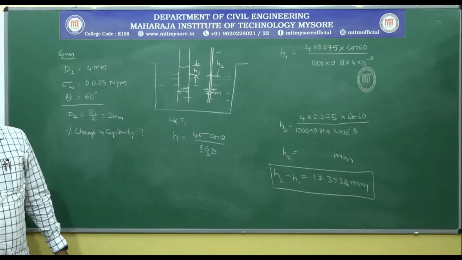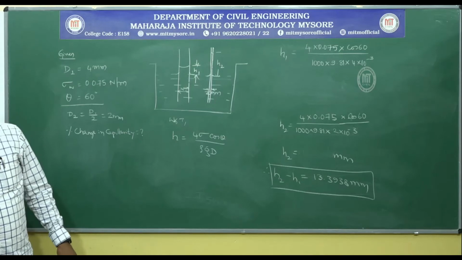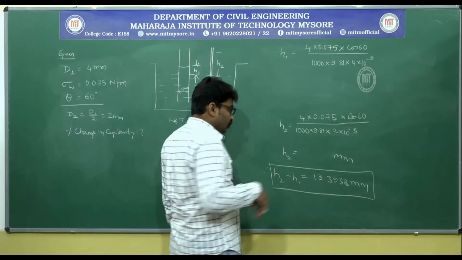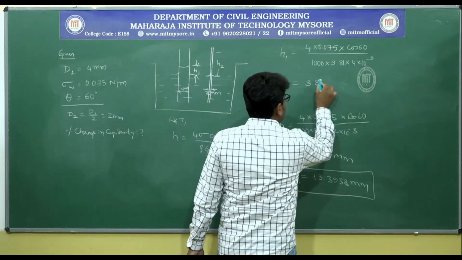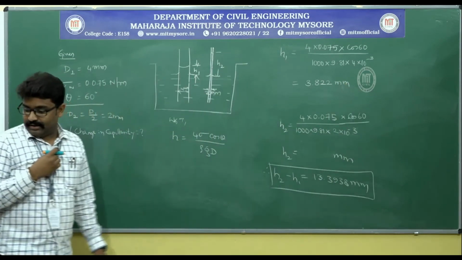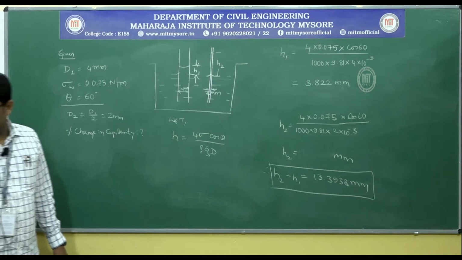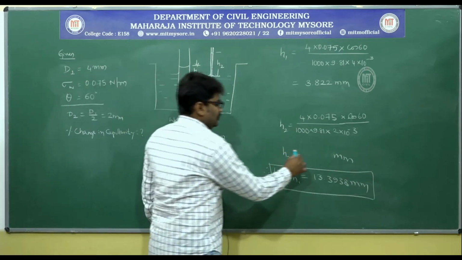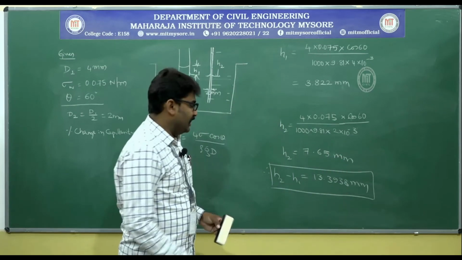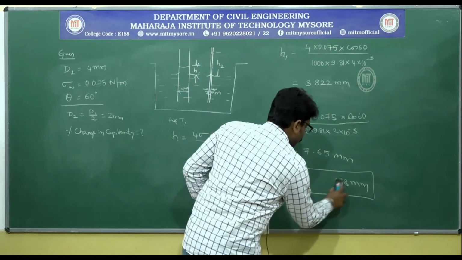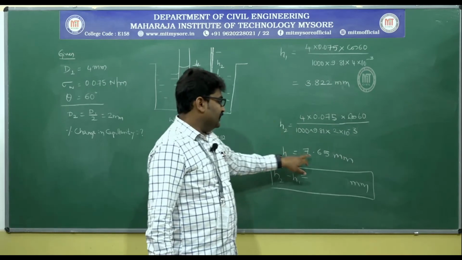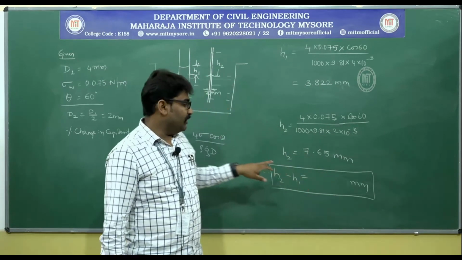H1 is nothing but, when you have 4 millimeter diameter pipe, it is 3.822 millimeter, and when you have 2 millimeter diameter pipe or tube, it is 7.65 millimeter. So the change has to be 3.822 when you have 4 millimeter diameter pipe and 7.65 when you have 2 millimeter pipe.